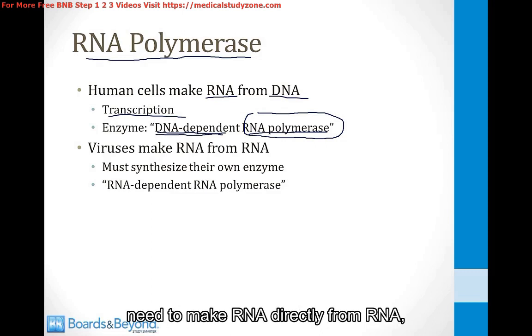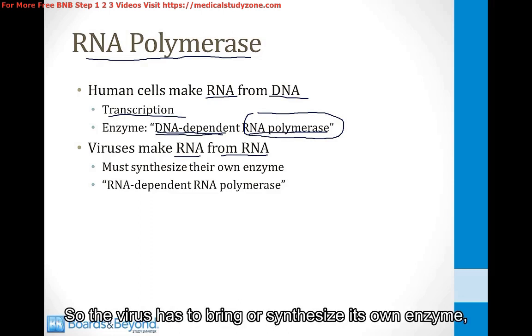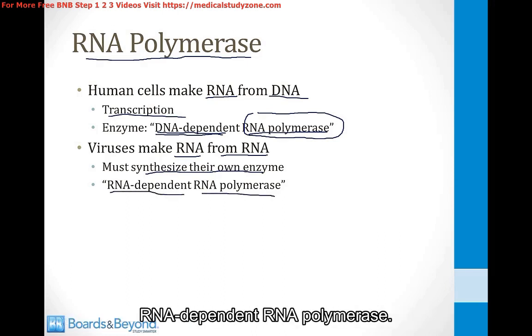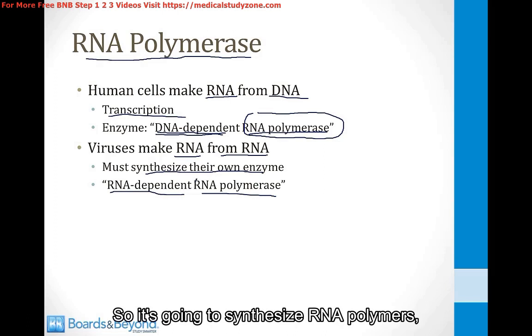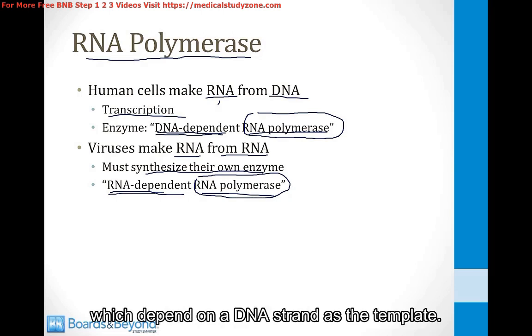Viruses, on the other hand, need to make RNA directly from RNA, and there's no readily available human enzyme to do this, so the virus has to bring or synthesize its own enzyme, and this enzyme is going to be called RNA-dependent RNA polymerase. So it's going to synthesize RNA polymers, but it's going to depend on an RNA strand as the template as opposed to the human cells which depend on a DNA strand as the template.